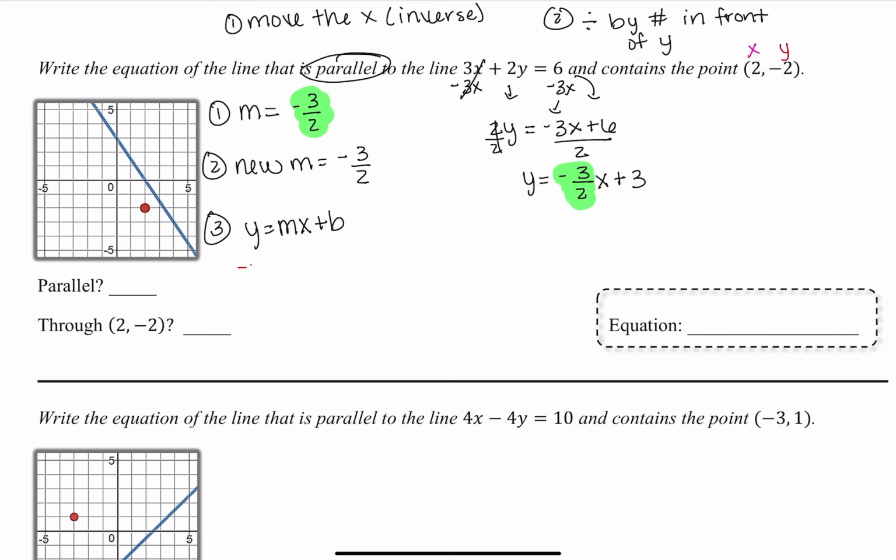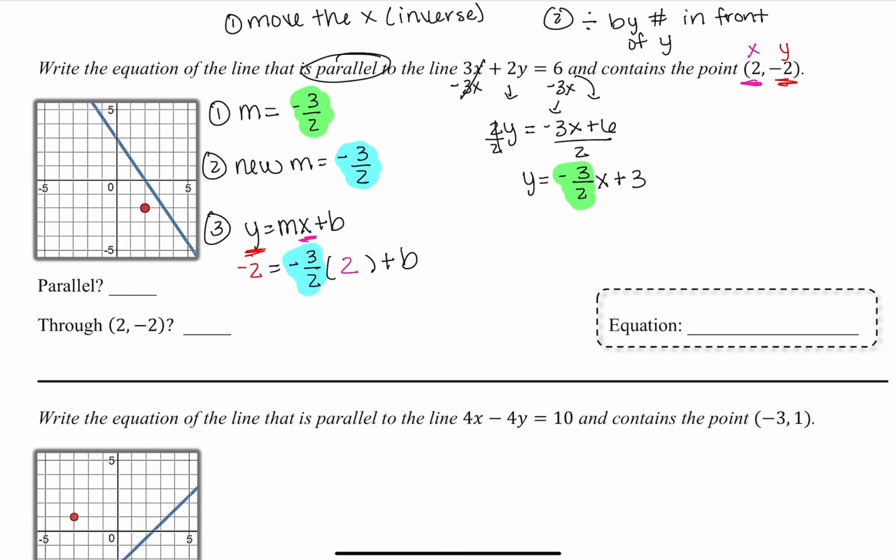My y is negative 2, because I got that from here. My new m is negative 3 over 2, and that's going to be from right here. My new m is going to come here, and then my x is going to be right here, which is 2, and that's going to go here.